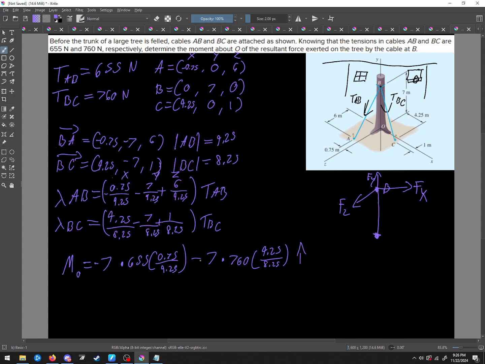Maybe I didn't. Hold on. It might actually be subtracted. Actually, I think the negative sign should maybe go here. I don't know. Yeah, it doesn't seem like it changed enough.